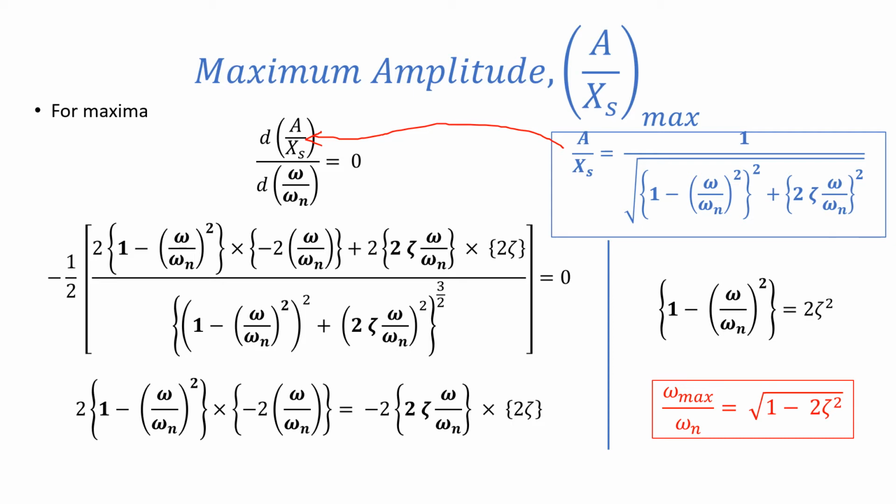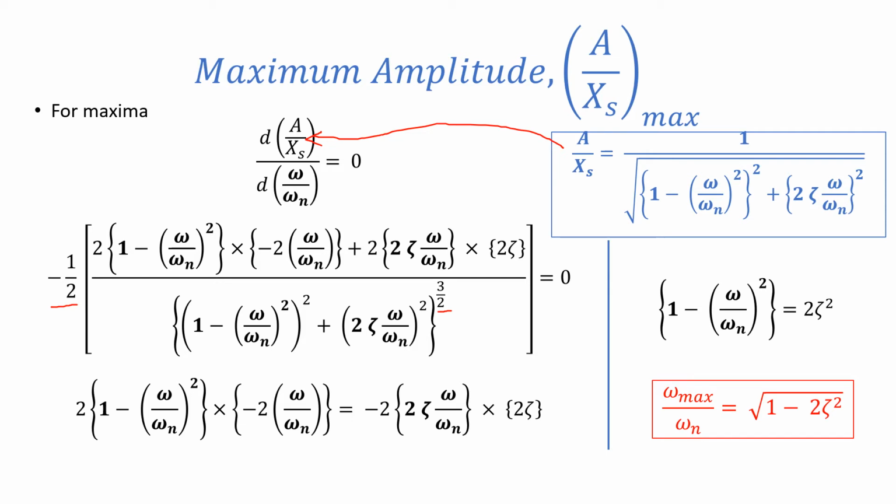When we take the derivative of this relation, since in the denominator there is a square root term, the derivative becomes minus half. Now in the denominator, power is increased by 1, minus 1 by 2 plus 1. Then we take the derivative of the denominator function and write it in the numerator.